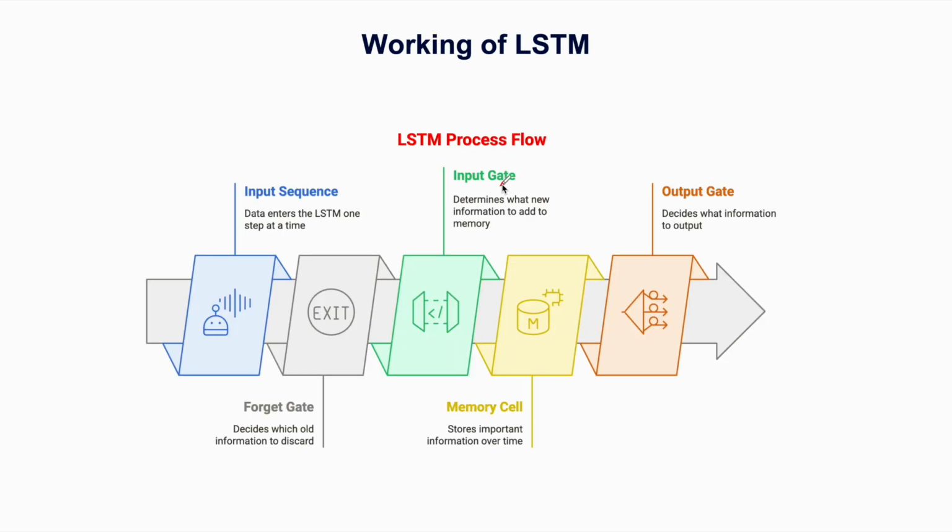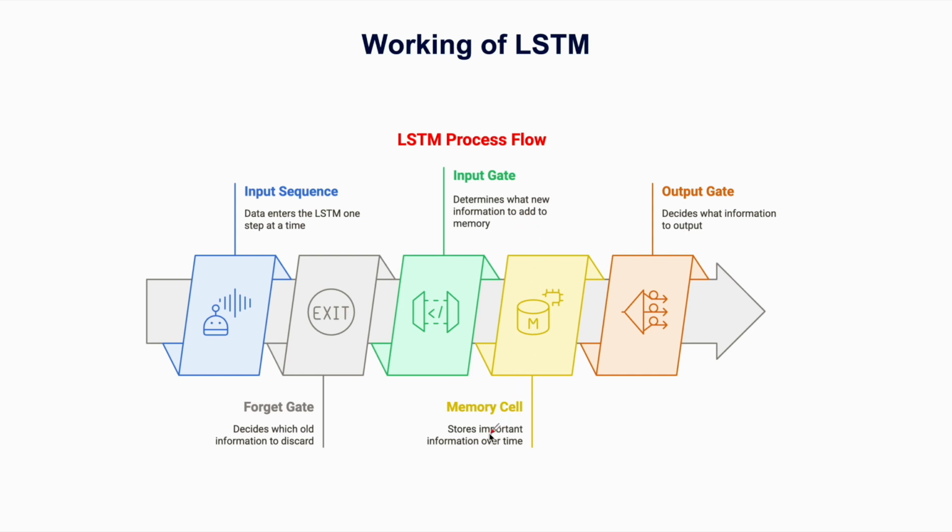Let us understand how LSTM works. Here, the input sequence data enters the LSTM one step at a time, like words in a sentence. And here is the forget gate, which decides which old information to discard. Then the input gate determines what new information to add to the memory.